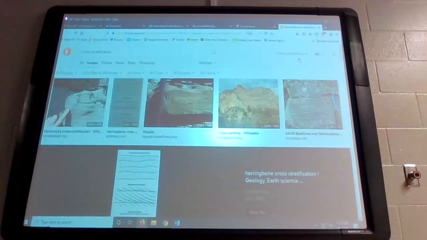And basically, your wind blows. Let's say the wind blows this direction first. It's going to push up this slightly inclined hill, and then at the end of the hill, it's just going to fall off. Every little bit of sand that gets pushed up this hill by the wind is going to fall down the backside and start to pile up.